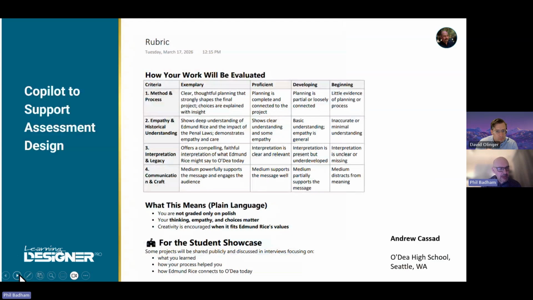And the same thing with one of the teachers that works at Dave's school, Andrew Cassad, who works in the theology department, doing a project about Edmund Rice. He used Copilot to help him put together a rubric that would assess some of the new outcomes and new activities that he was putting into this scheme of work.